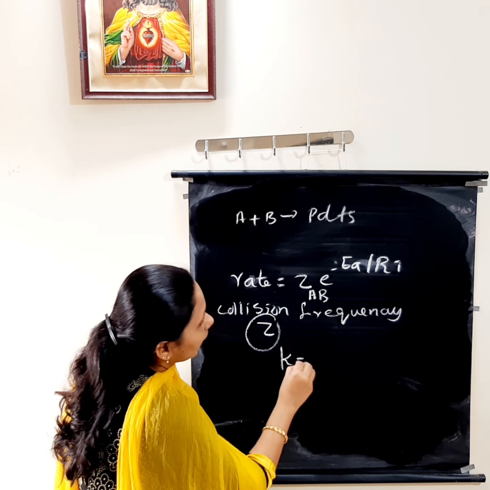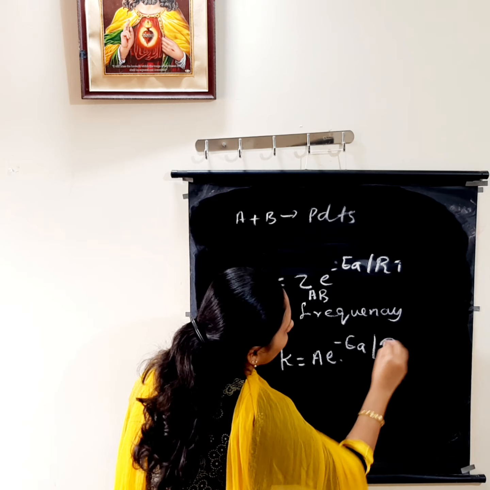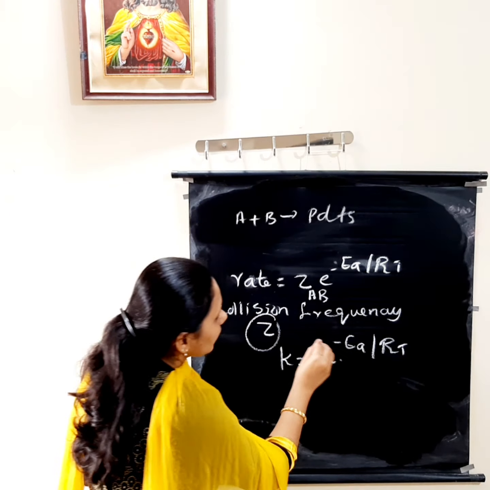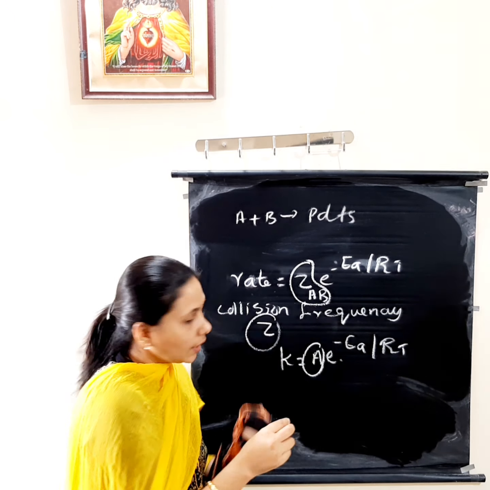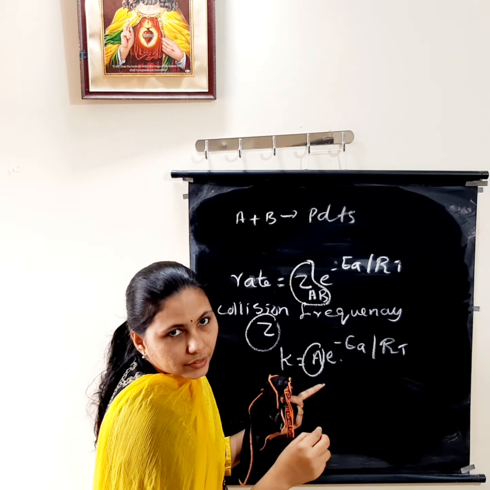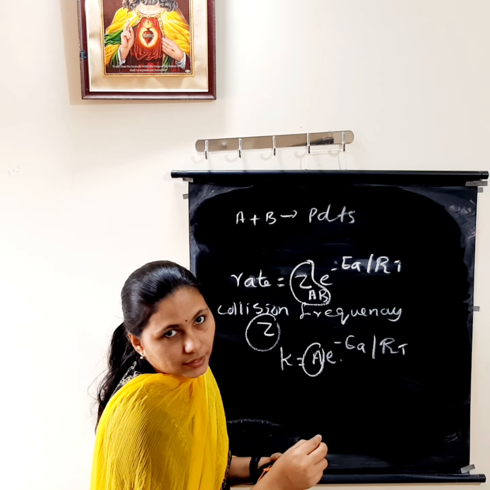Arrhenius equation, K equal to A e raised to minus Ea by RT. So this A and Z, the collision frequency, are related. A means the Arrhenius factor, and Z equals collision frequency.